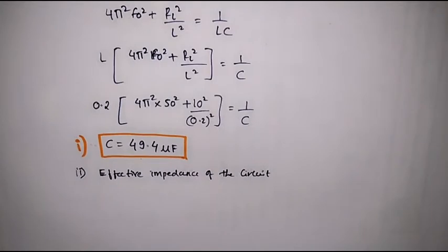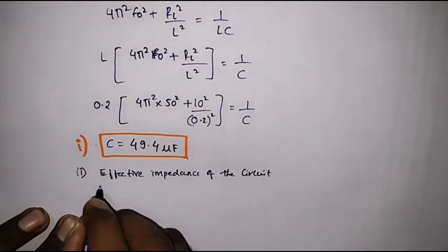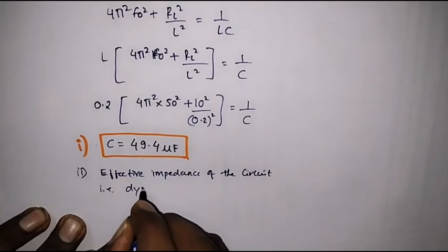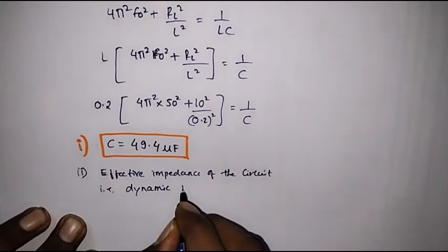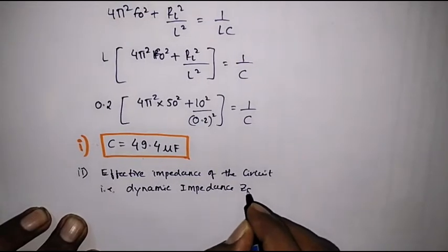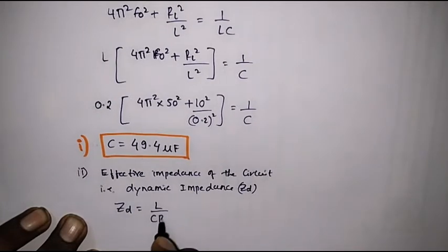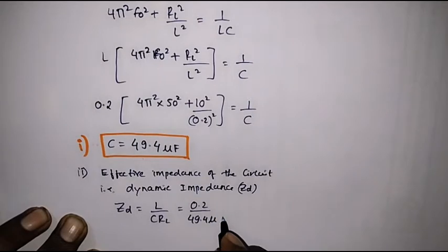Effective impedance is nothing but dynamic impedance ZD. We know that dynamic impedance is given by the formula ZD is equal to L divided by C into RL, where L value is 0.2, C value is 49.4 microfarad, and RL value is 10.